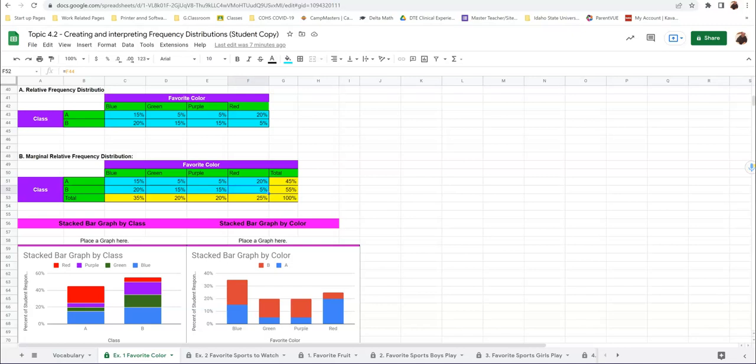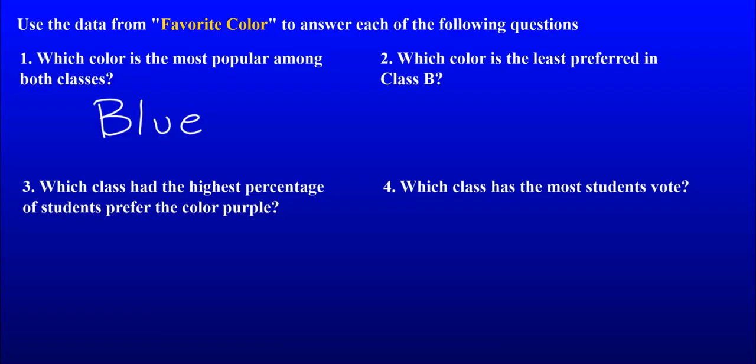So the least preferred, the one that the least amount of people like, I should say, is red.